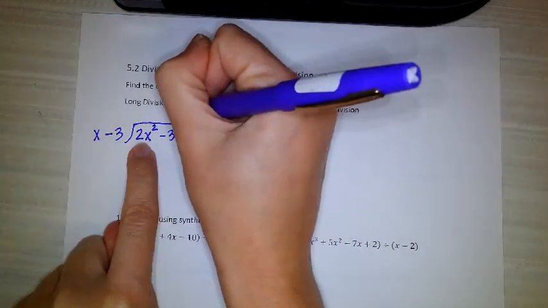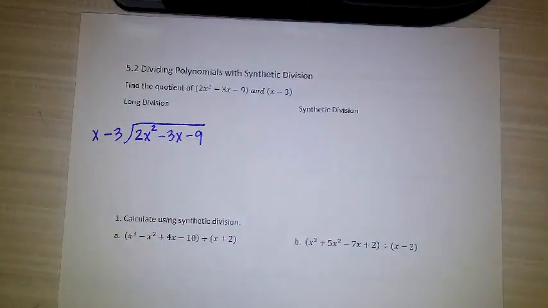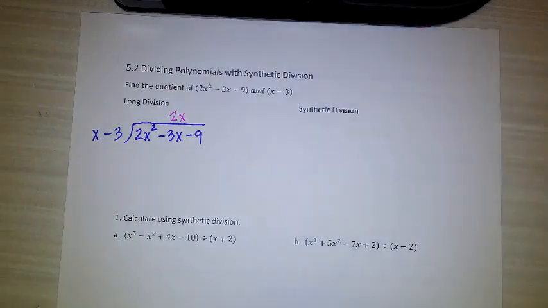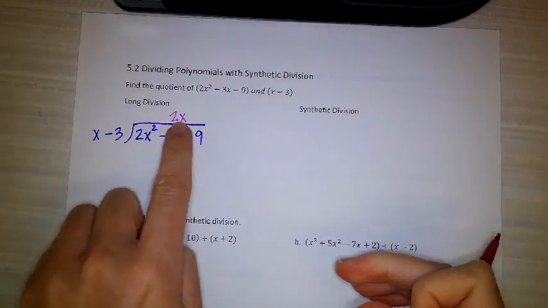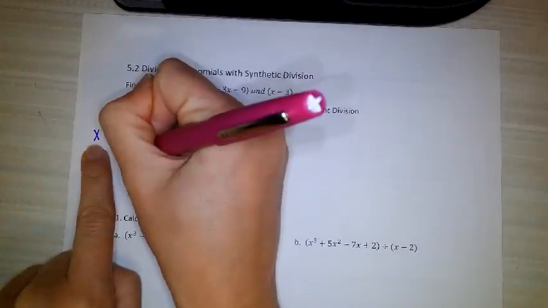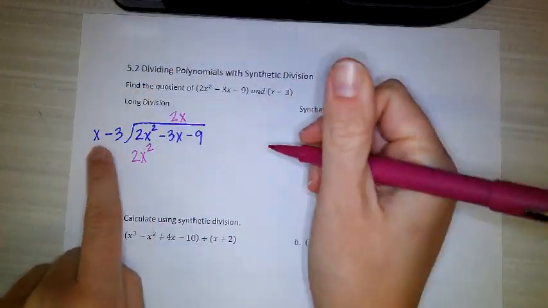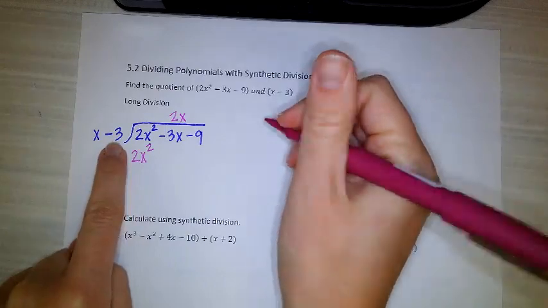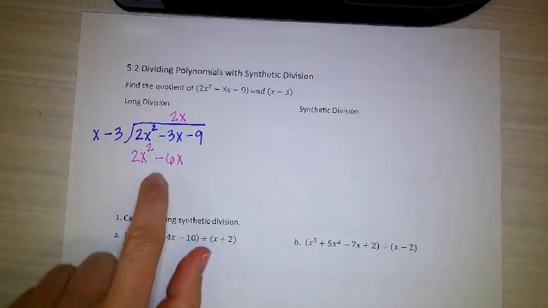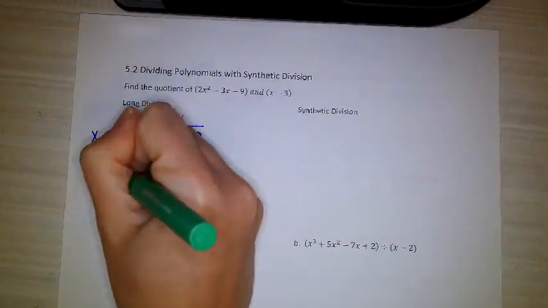So x times 2x. So 2x is going to be the first part of my quotient, and then we're going to do 2x times this divisor. So 2x times x is 2x squared. 2x times negative 3 is negative 6x. And then we're going to subtract this.